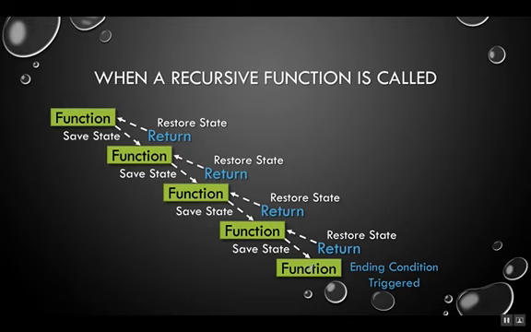This is why a recursive function can only be called a certain number of times before the program or the system will end it, because it does actually save a lot of extra information, and it eventually will fill up available memory if it goes on too long.